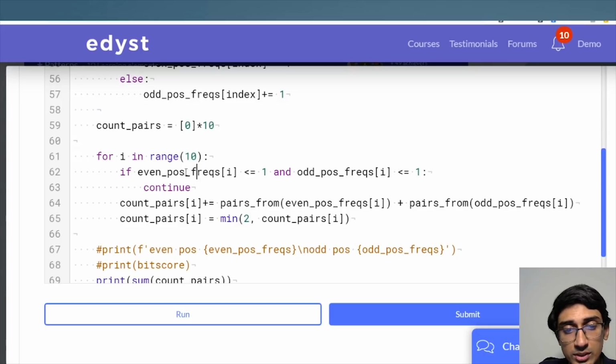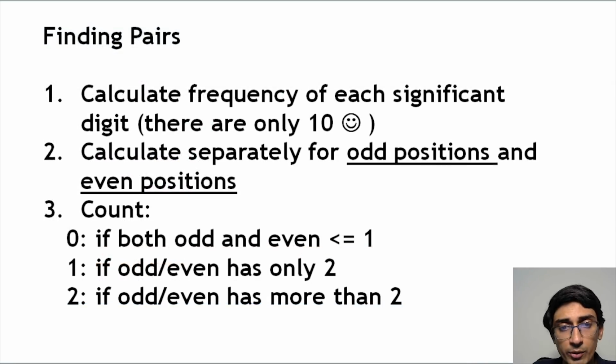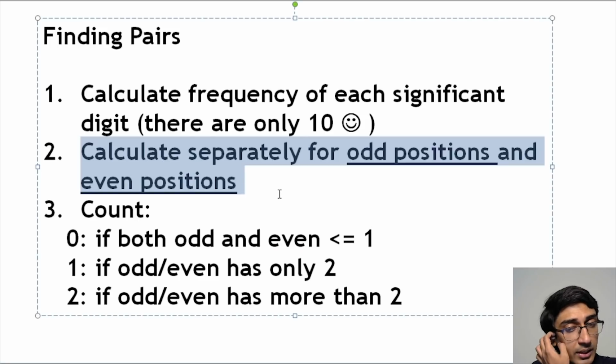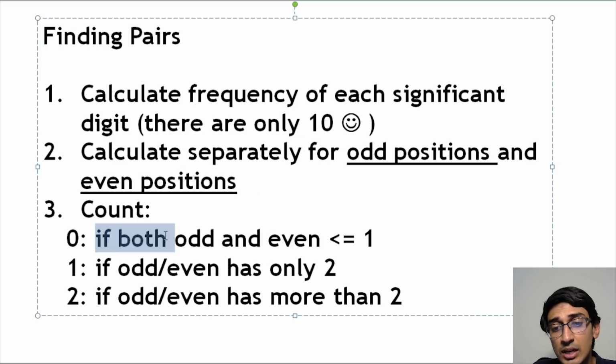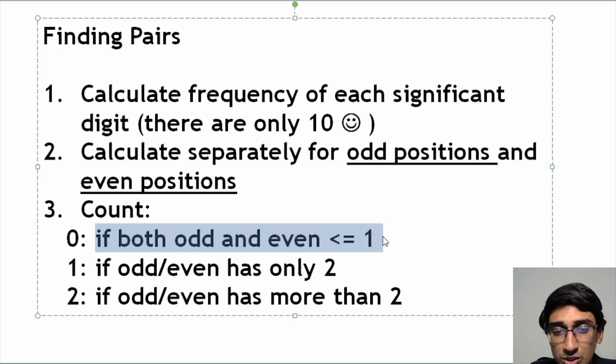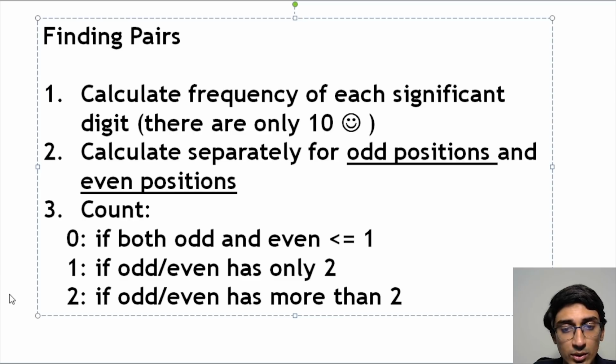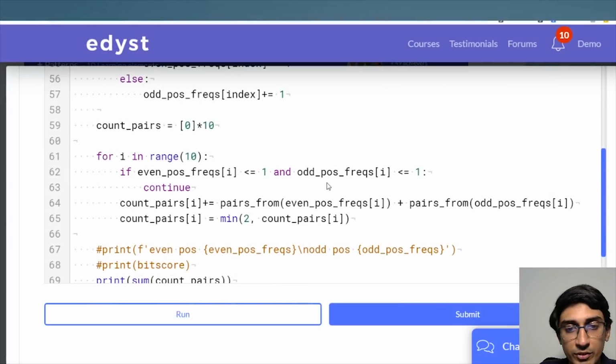So I'm going to translate exactly the same conditions that I had written over there. Again, if you had lost track, just pause this video, go back and see what I was trying to do. What we're trying to do here is, we calculated separately the frequencies for odd positions and even positions, and if the frequency for a particular significant digit is less than or equal to 1, then we make it 0.